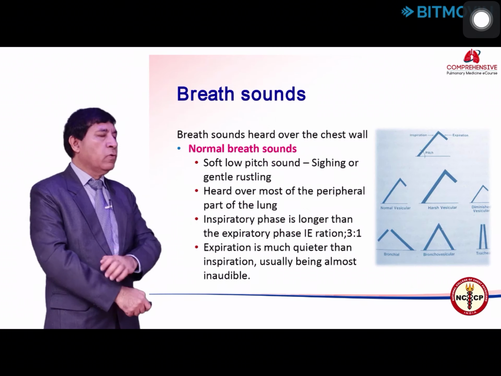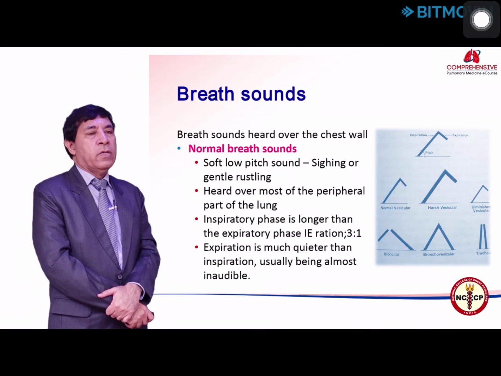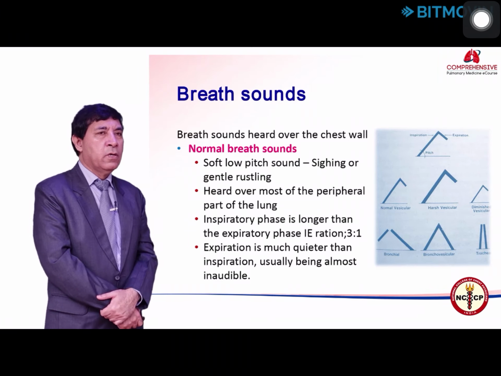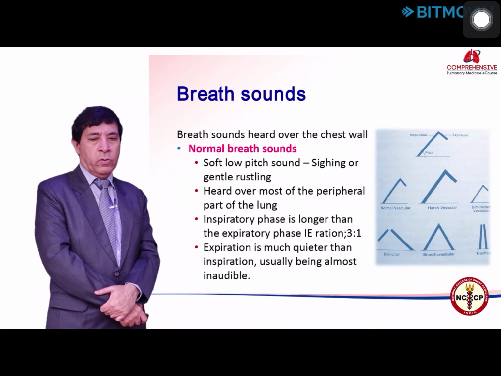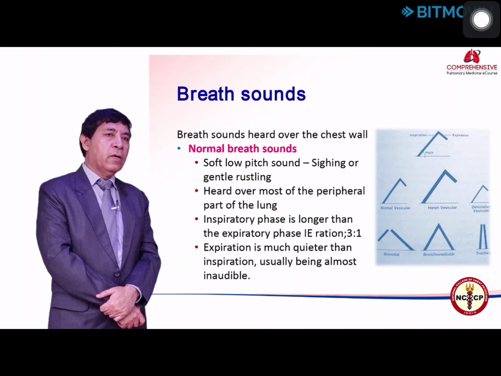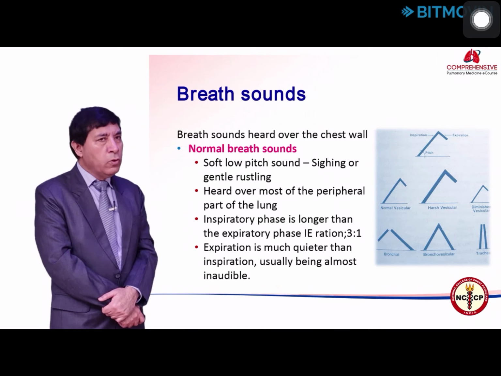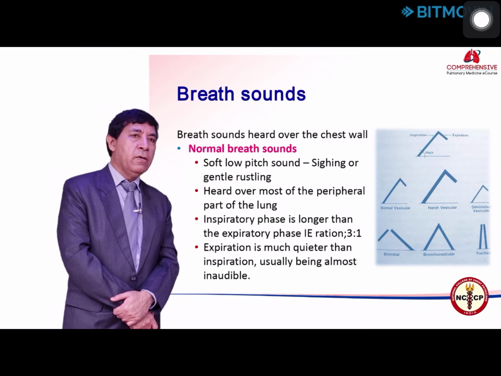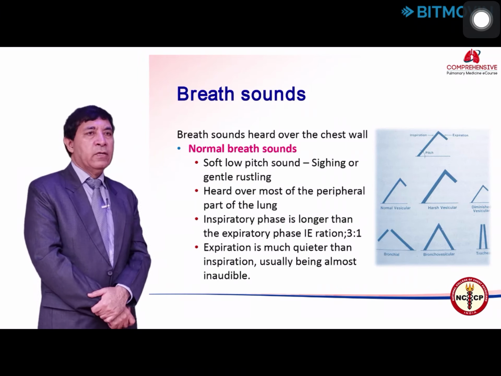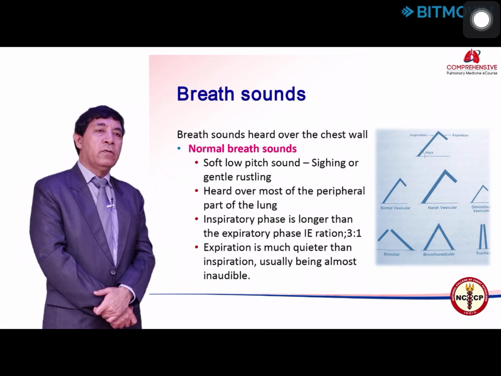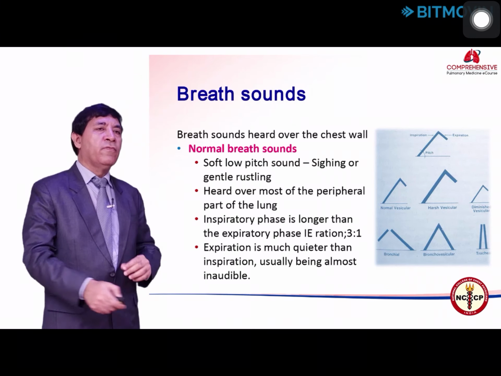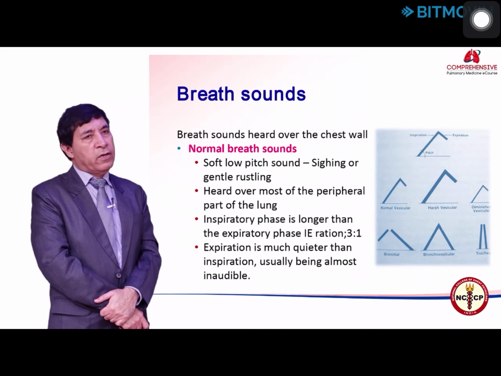Now, as you know, it's very important to understand where these breath sounds are produced. It has been seen recently, looking into the acoustic phenomena of the breath sounds and by recording our breath sounds on phonopneumograms, particularly by putting the transducers on the trachea, that these breath sounds are produced by turbulence of the airflow, and this turbulence usually takes place in the central airways.